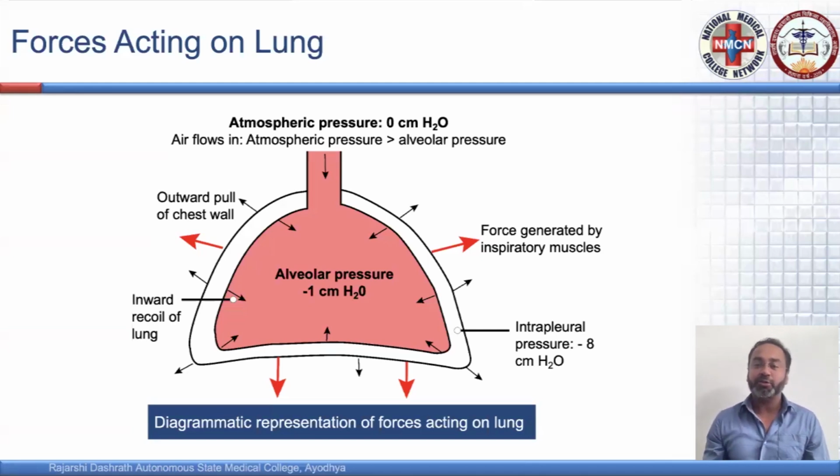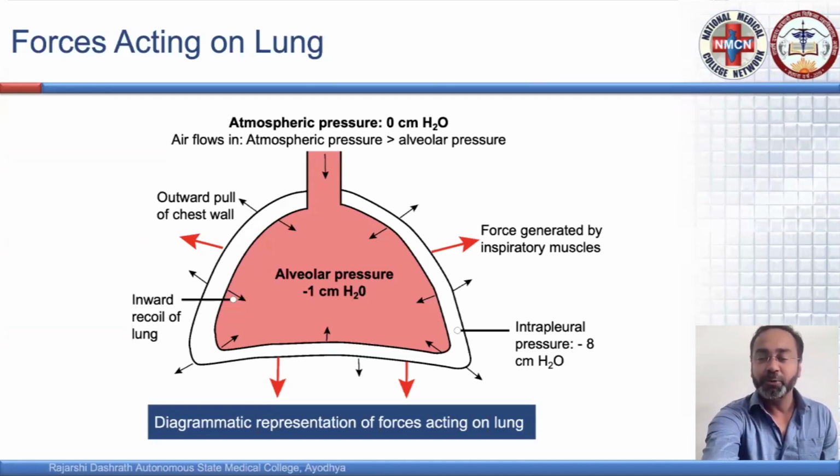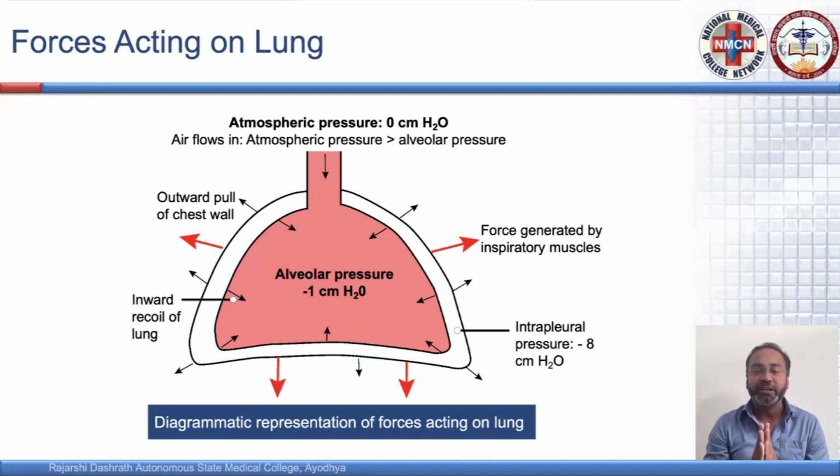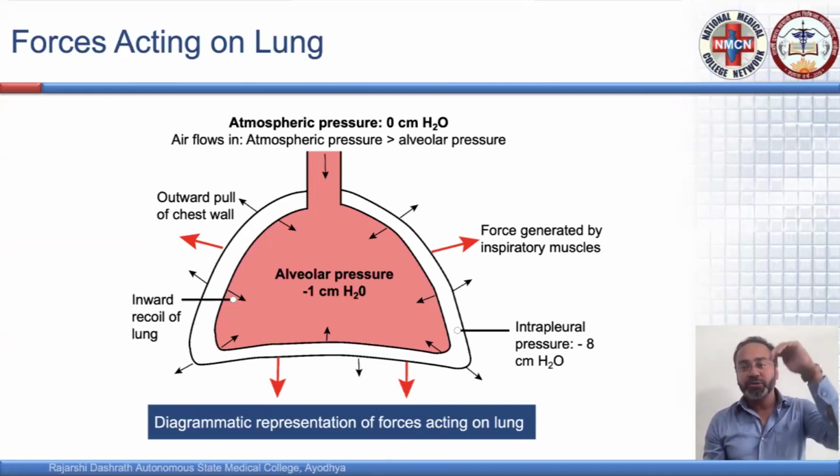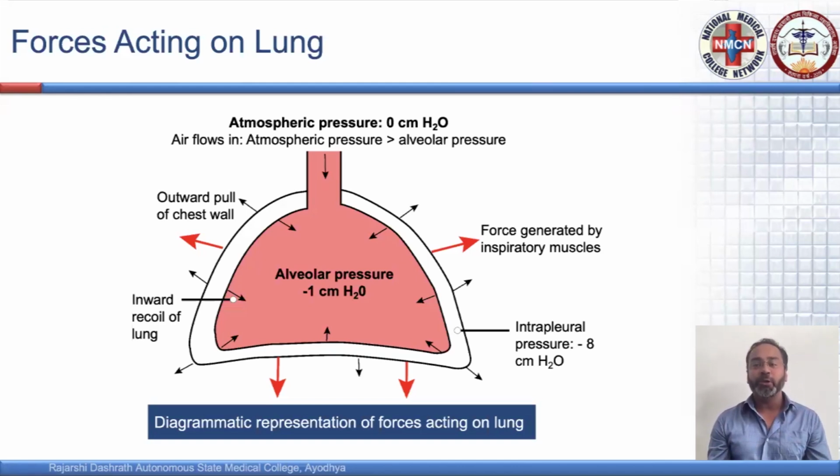Also, the surface tension is trying to move inward. So there is a potential space between the forces, which is trying to increase the volume. Whenever this volume increases, the pressure goes down, which is Boyle's law, which states pressure times volume is constant.